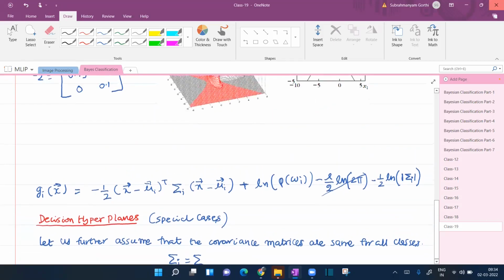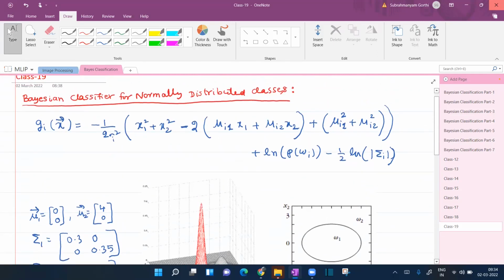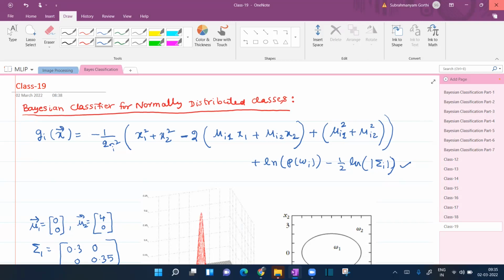Can you make any guess on what this could result in? What kind of decision planes would I get with this? Can any of you make a guess here? This was actually the question I was asking you at the end of the last class also. What could be the scenario if sigma I square is same for gi of x bar and gj of x bar?